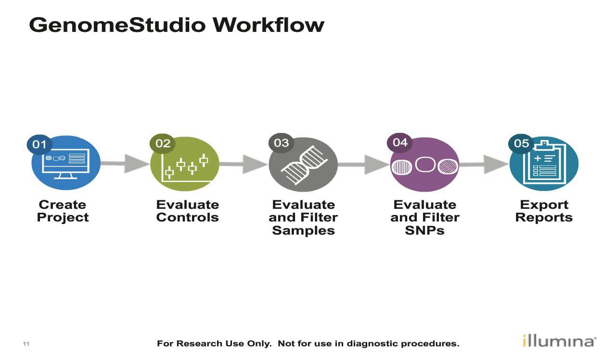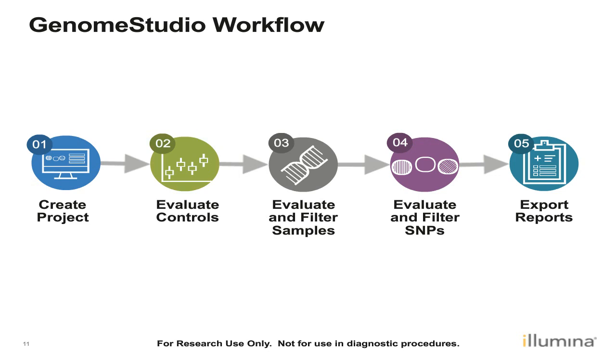These intermediate steps involve evaluating the controls, then evaluating and filtering your samples, and then evaluating and filtering the SNPs. Finally, at the end, you're ready to export your reports, and you'll get your allele calls in a text format.